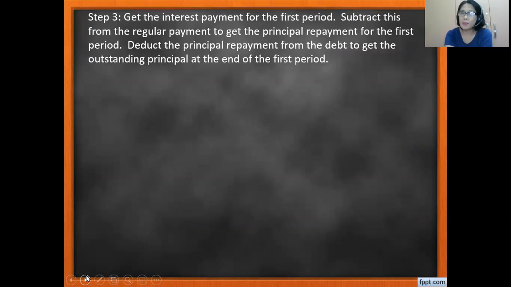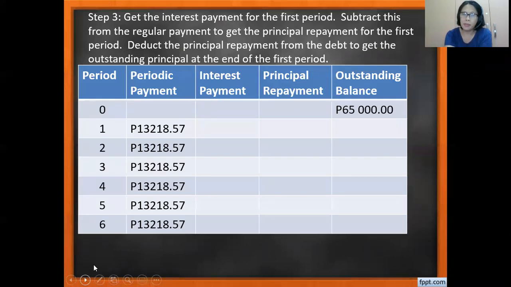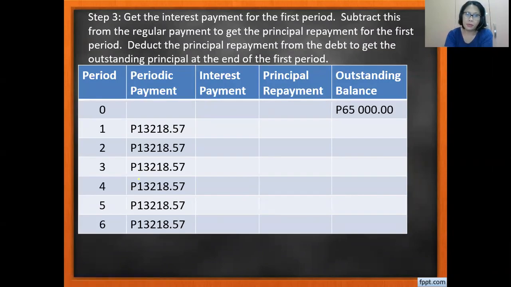Next is step 3, get the interest payment for the first period. Subtract this from the regular payment to get the principal repayment for the first period. Deduct the principal repayment from the debt to get the new outstanding balance at the end of the first period. Okay. So, how much are we going to pay for the interest? That's the question. So, interest payment for the first period is equal to the principal amount.